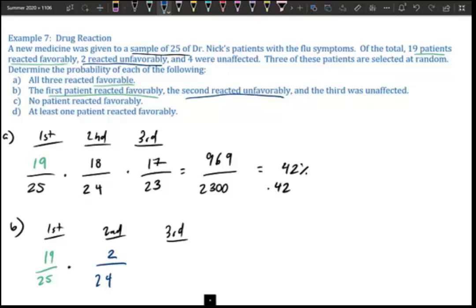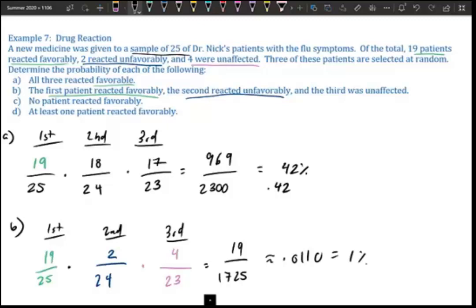Then our third pick is unaffected. So 4 were unaffected. Now we have 23 people left. So 19 times 2 times 4, we get 19 out of 1725, which is about 0.0110 or 1% of the time.